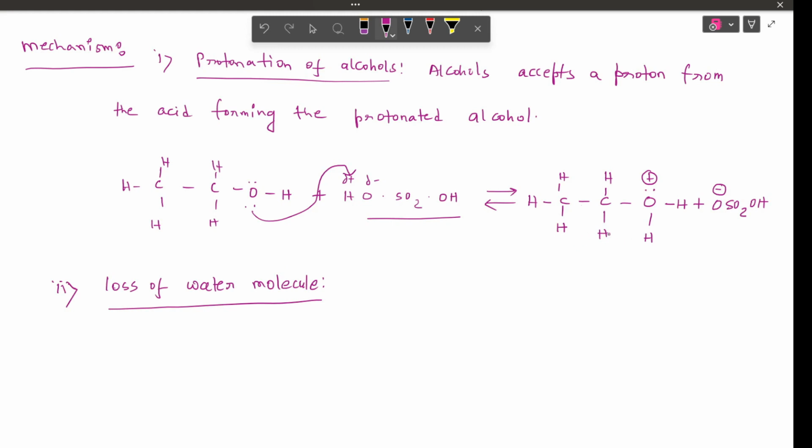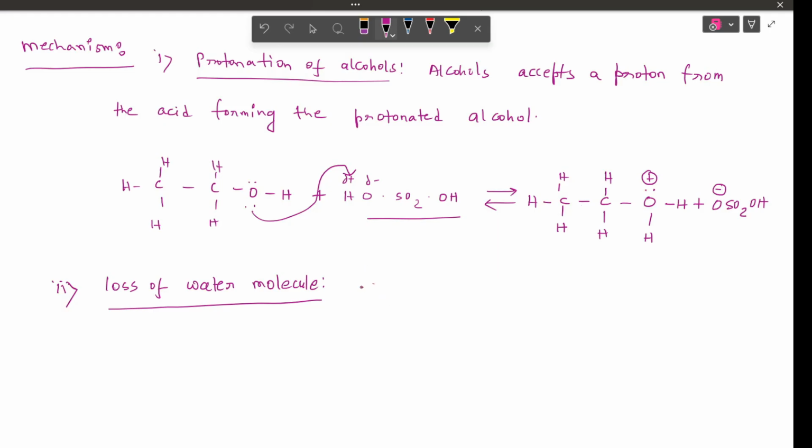So this protonated alcohol loses a water molecule to form the intermediate carbocation, and this formation of intermediate carbocation is a slow step, and so it is the rate determining step.